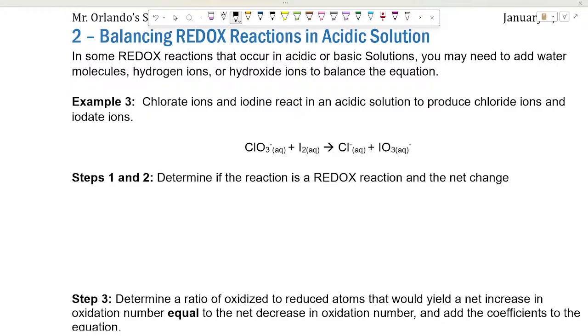Right? So we can actually turn the iodine into the iodate. Now, is this balanced? No, it's not balanced. In fact, that's what we're doing here. We have to balance this reaction. Now, you're going to see here that this does not balance nicely.